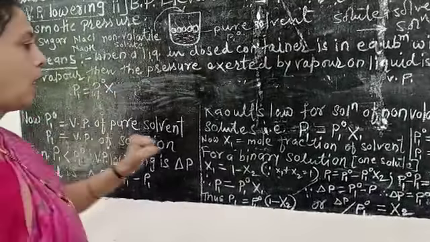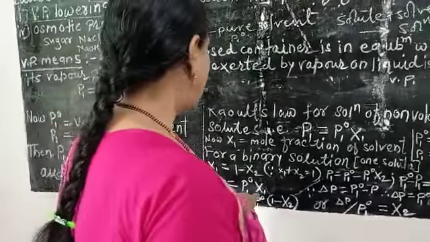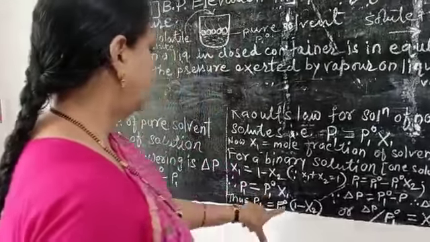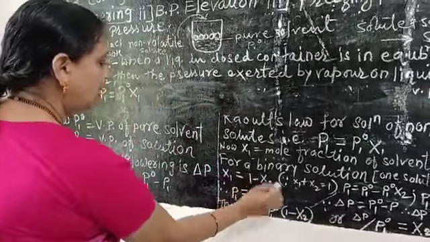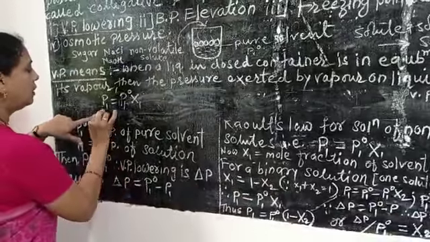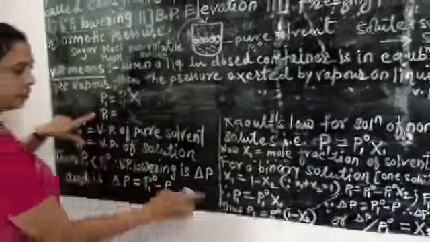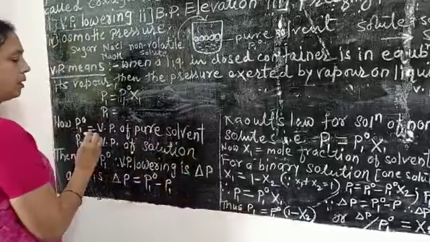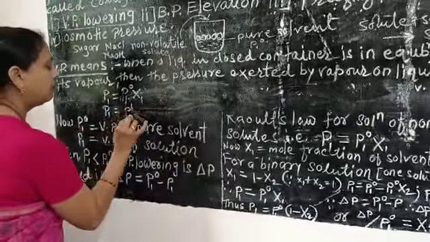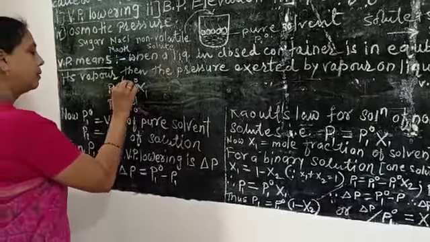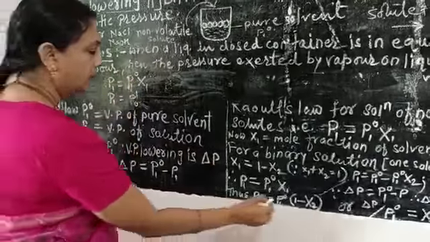Okay. And you have to substitute the value of X1 in this expression, that is 1 minus X2. So you will write here P1 is equal to P10.